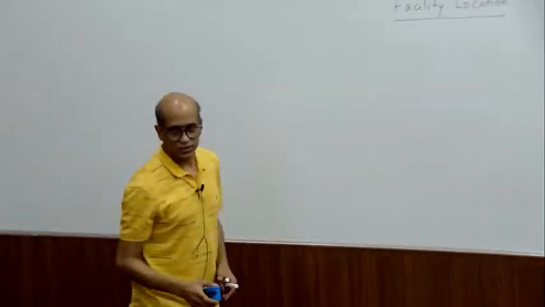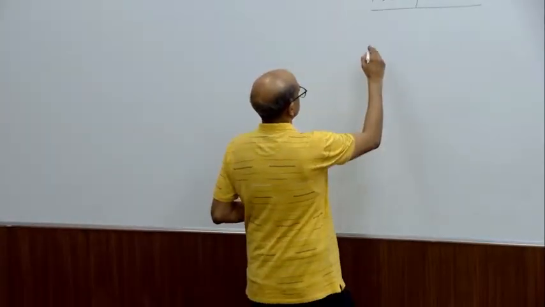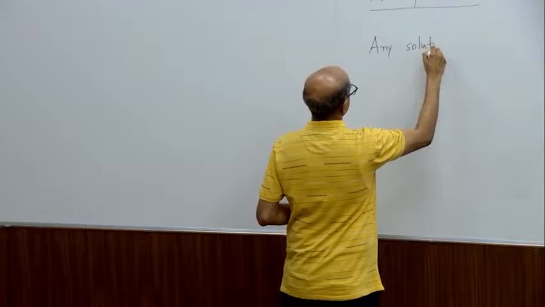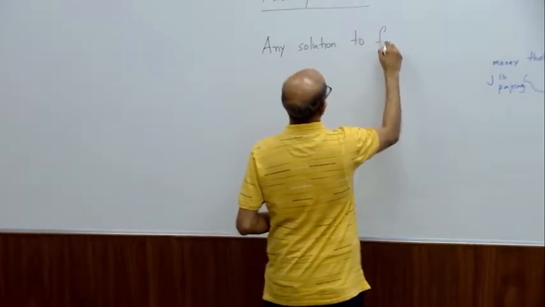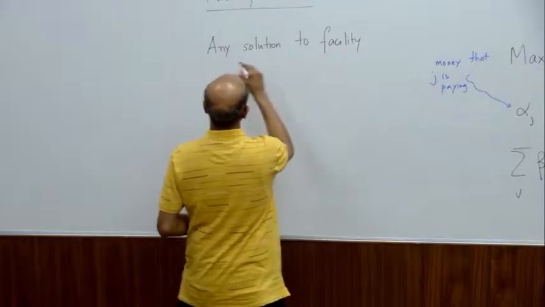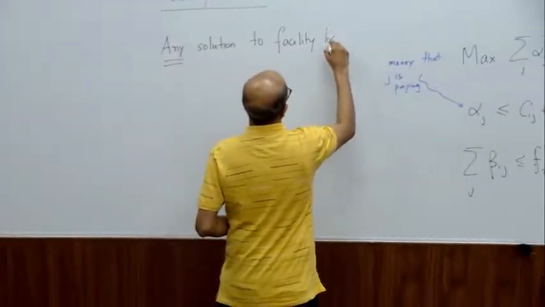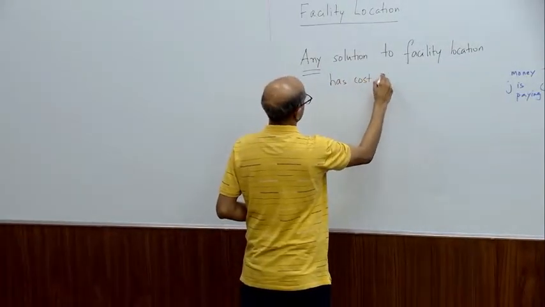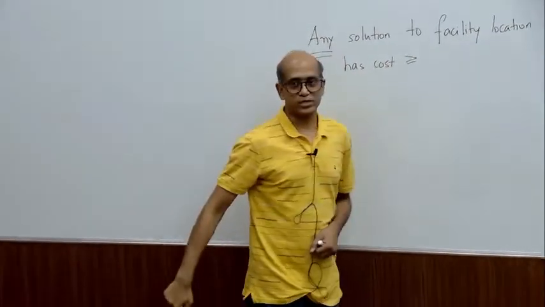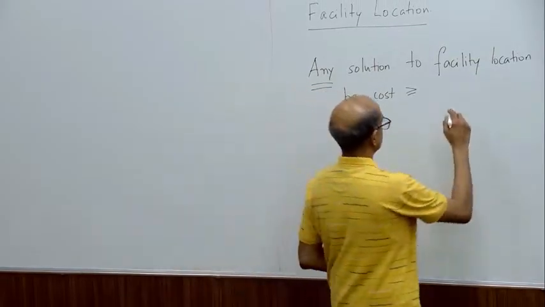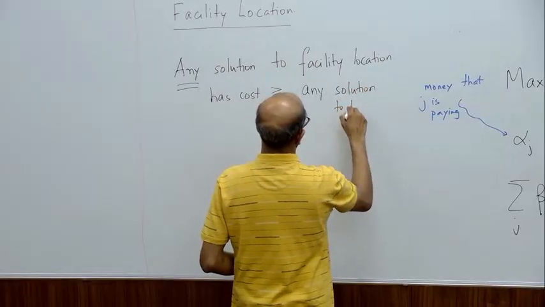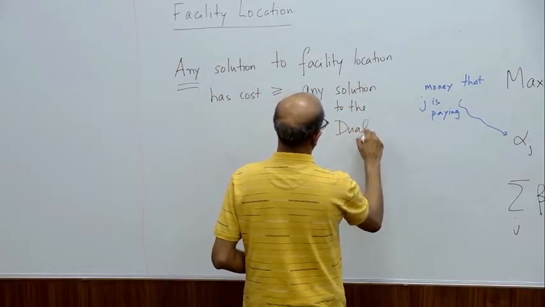Let's do this one more time, just to understand this slightly better. You give me any solution to facility location. It has cost at least that of any solution to the dual.